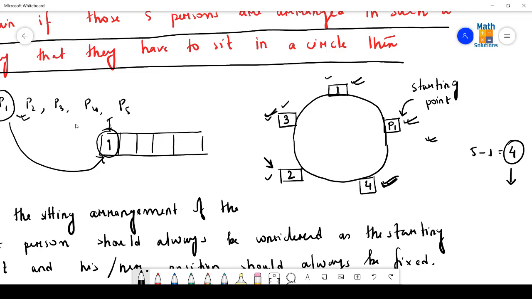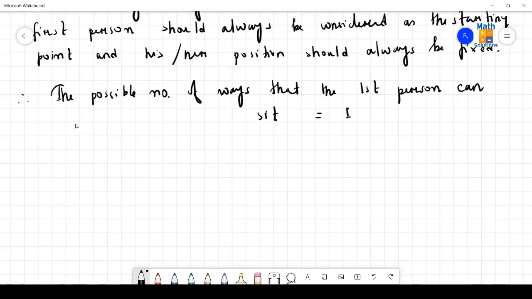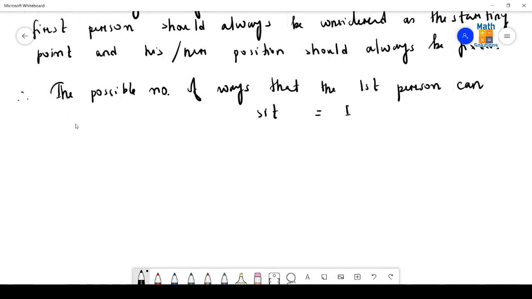So it is observed that here we can write: the second person can sit in 4 ways.